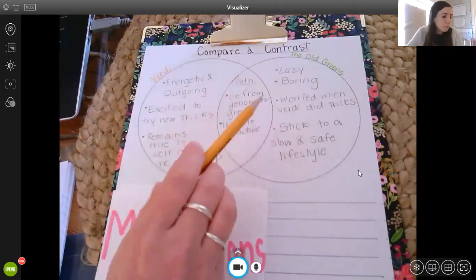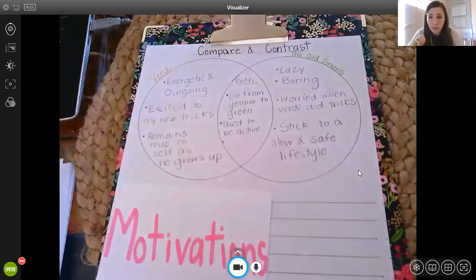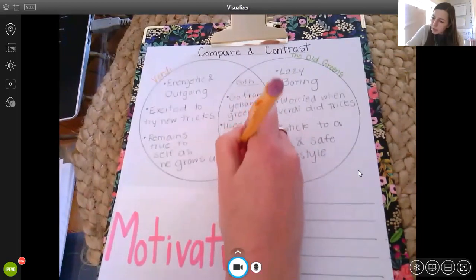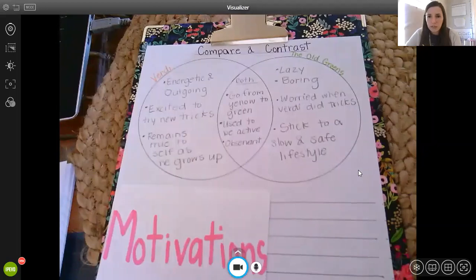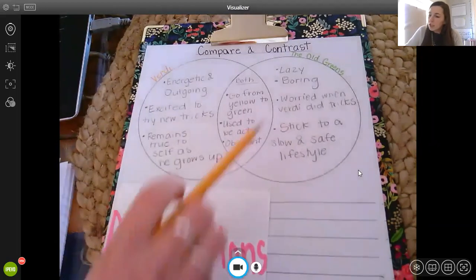It's a similarity. And then one trait that we found that they do have in common is that both Verdi and the old greens became very observant at one point. Remember, observant means that they watch and listen very closely to the things going on around them. So I'm going to include that in our middle section as well.